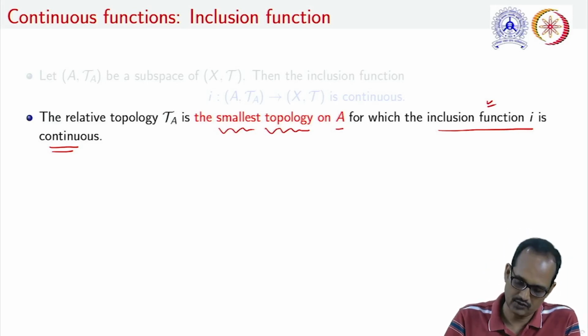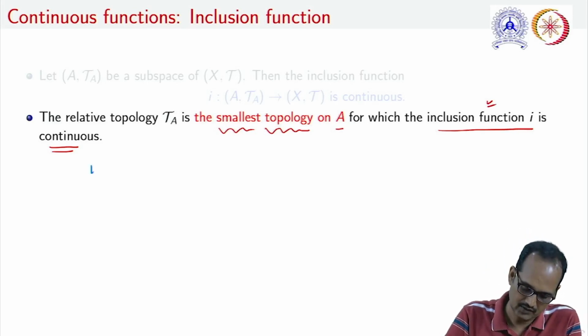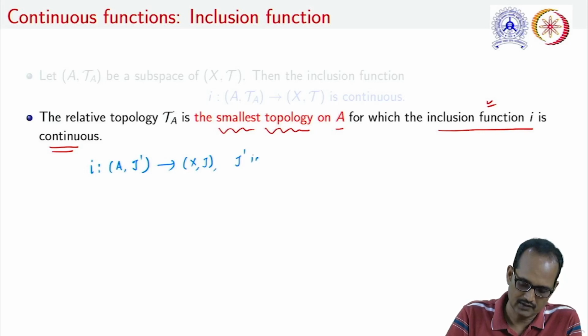In order to justify it, let us take this inclusion function from A with tau dash to X with tau, where this tau dash is any arbitrary topology on A, provided this I is continuous.